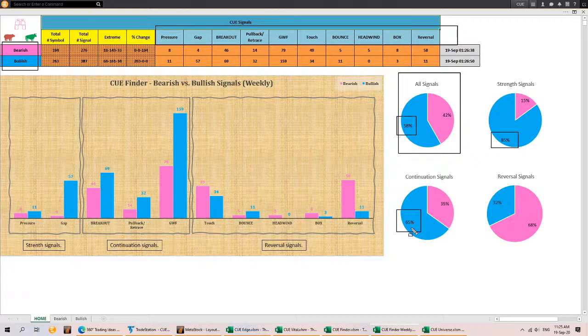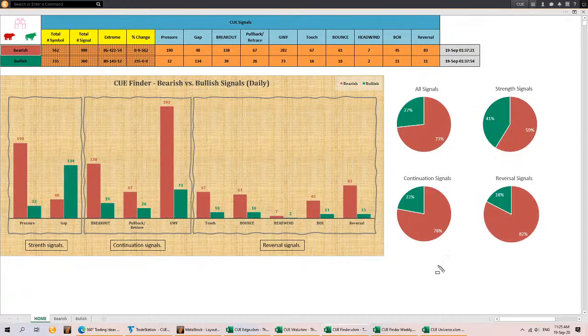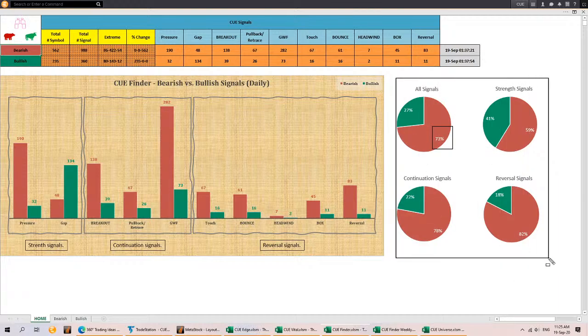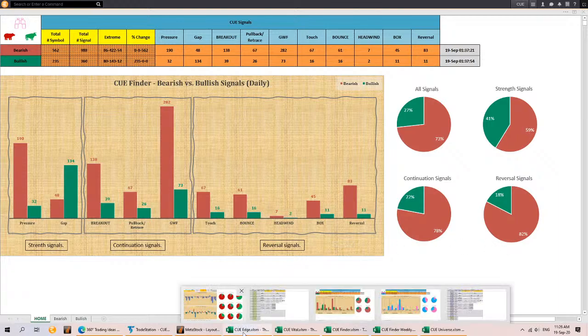Continuation signal, trend continuation, also bullish. Only reversal signals are bearish. And if we see Friday's finder, we expect it to be bearish. That is true. 73% of all signals are bearish. The other pie charts are also showing bearishness. That is expected. However, because the market futures are at memory support, we could look to buy.